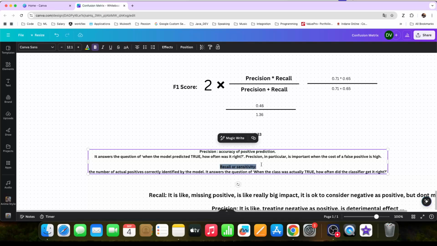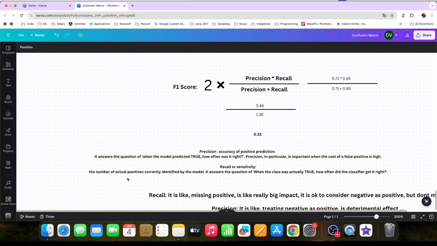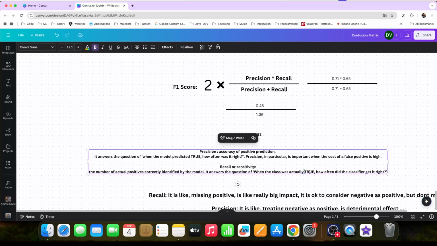Recall, or sometimes you can call it sensitivity as well. This basically tells you the number of actual positives your model has identified. Here, whenever the class was actually true, which means whenever someone actually had the brain disorder, did the model get it right or not?